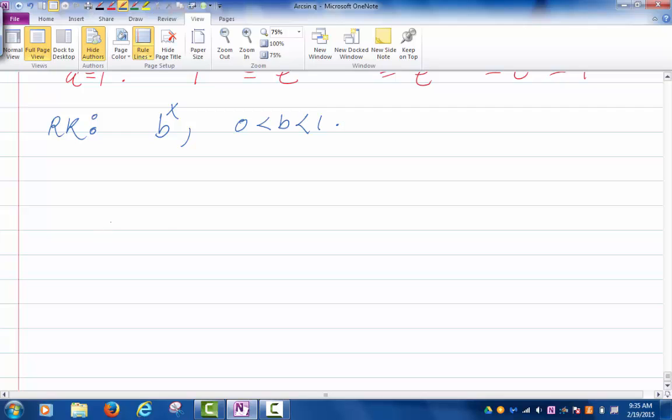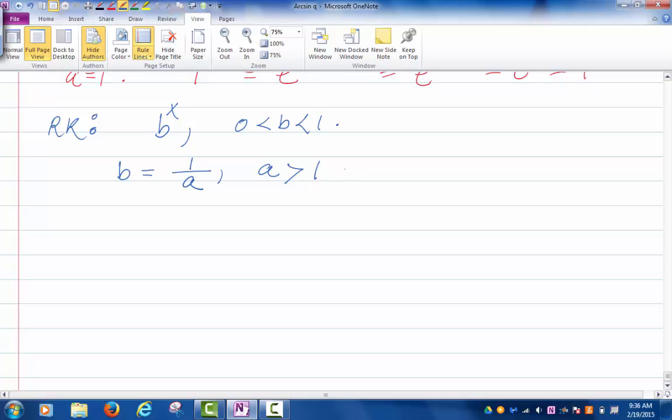Then I can express b as 1 over a, where a is larger than 1. You agree? Given b, what is a?